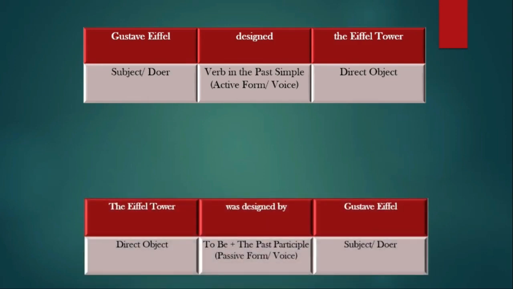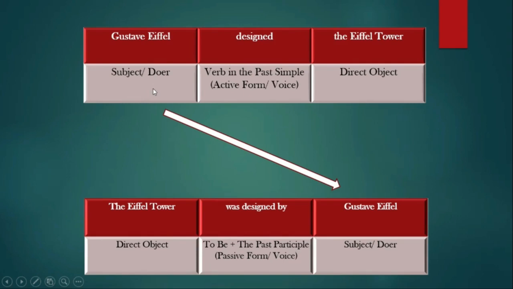Also, we have the second table. Now, I changed the following sentence from the active form into the passive form. Now, look at these two arrows. Arrow number 1. We have the doer, Gustave Eiffel, which comes in the beginning of the sentence.